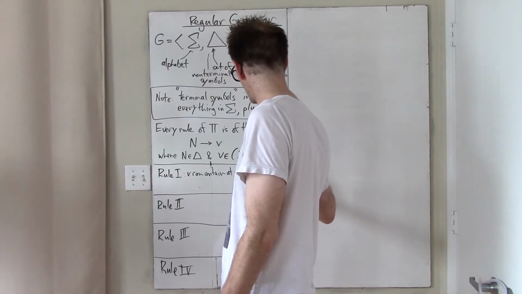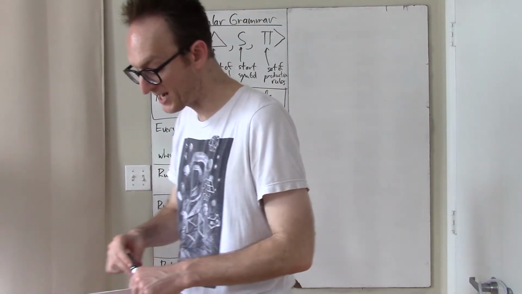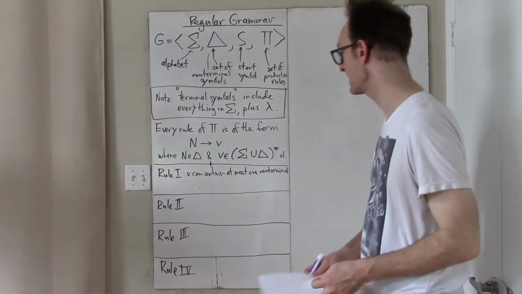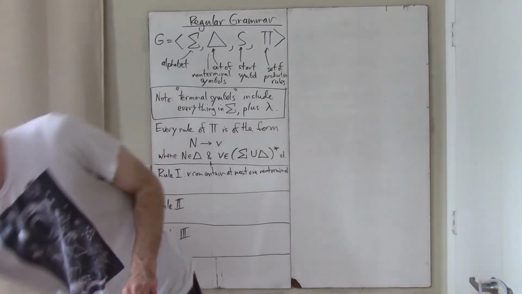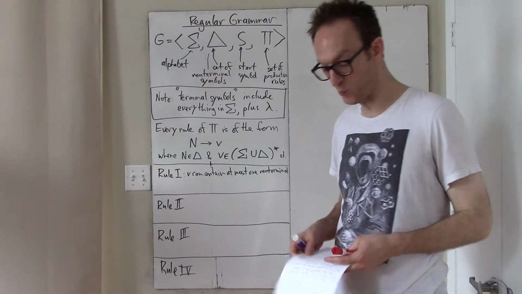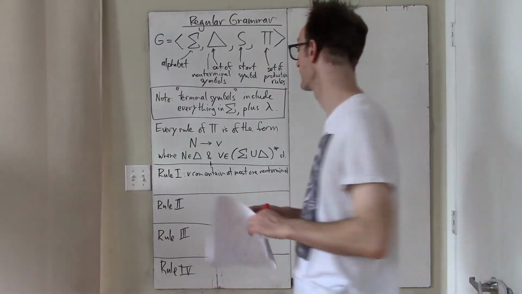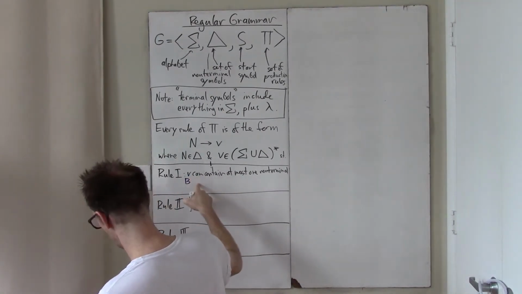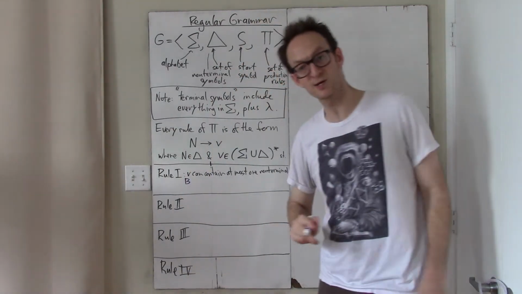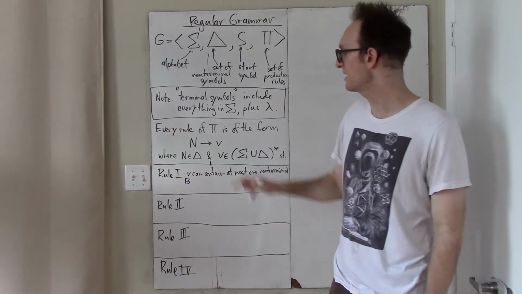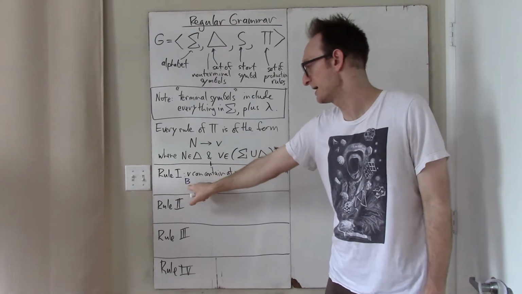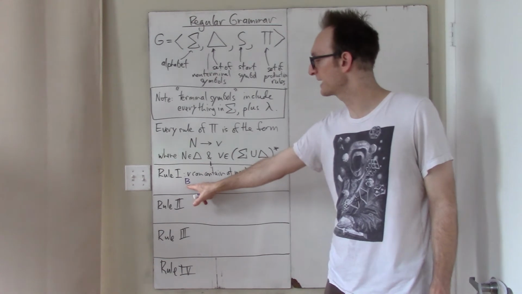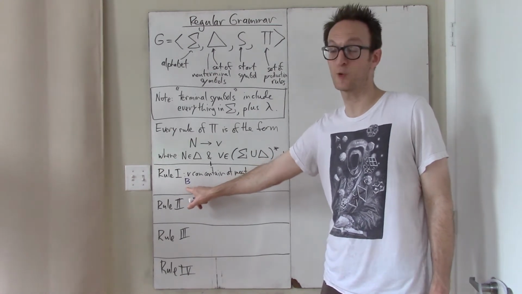I'll just write non-terminal. Okay. In other words, whatever you're going to be doing over here on the right-hand side of your production rule, you can't ever have more than one non-terminal symbol over there. Okay, so for example, I could have a rule like big B. Oh, and it is standard, as you may have already seen, to differentiate terminal symbols from non-terminal symbols by using uppercase letters for non-terminal symbols.